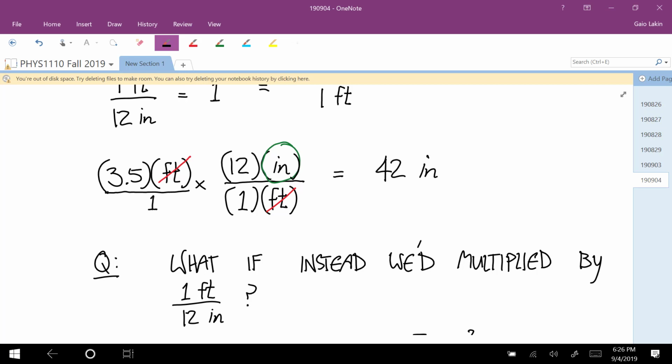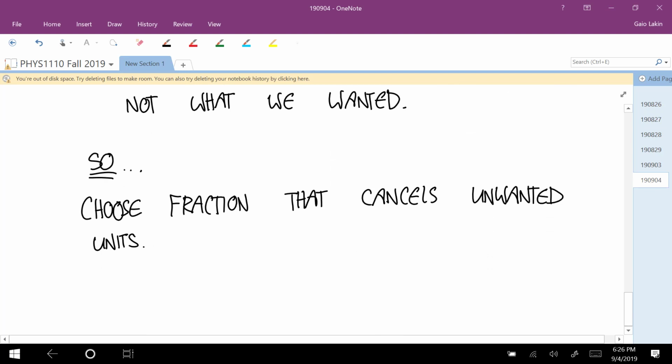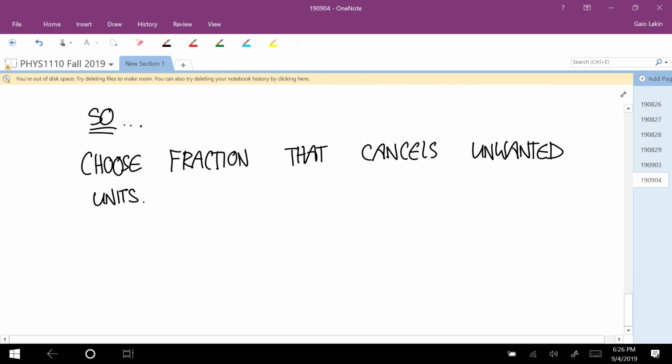Any questions about that? And just one short little thing to add on to this. I'm going to use this shorthand notation. You can use this or not. It saves a couple of pen strokes is all.